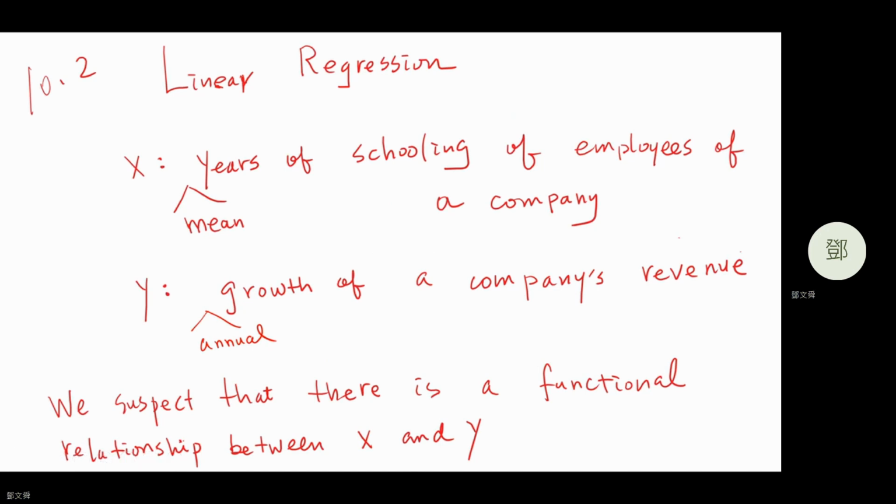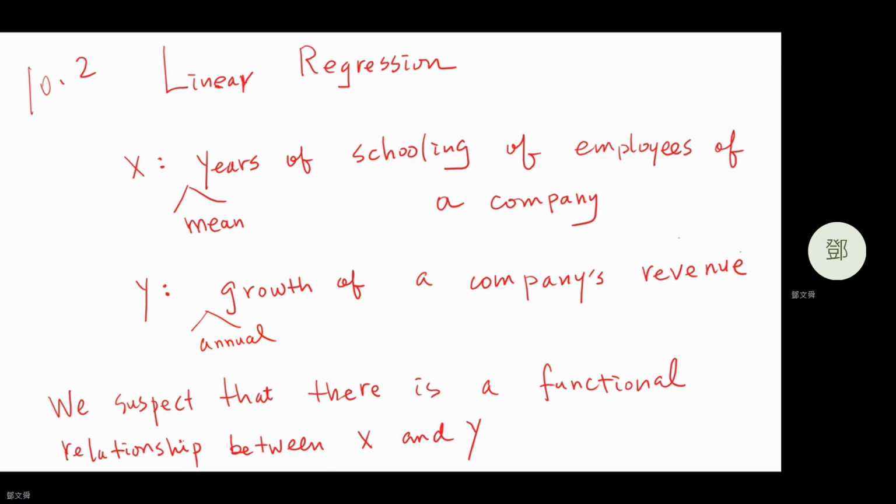Okay. The title of the next subsection is called linear regression. In this subsection, there are also two variables x and y, and we are going to explore the linear relation between x and y, but in a different way.